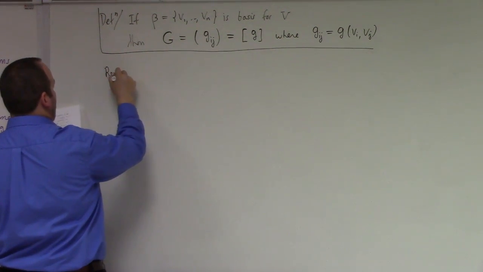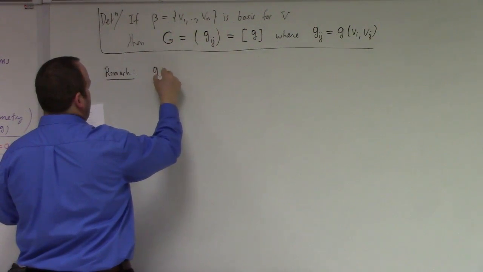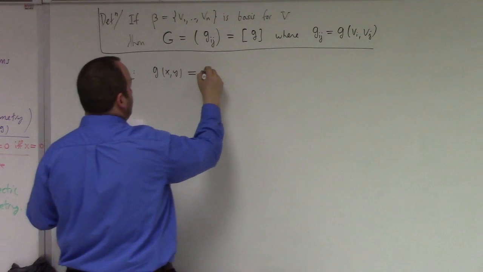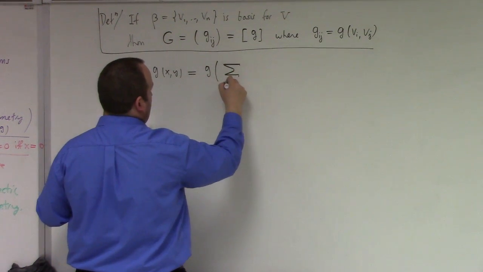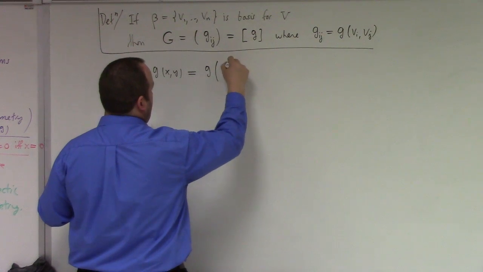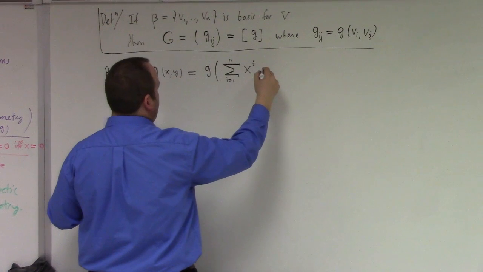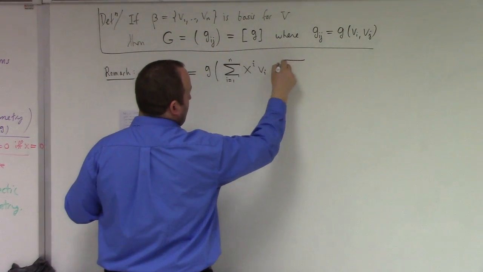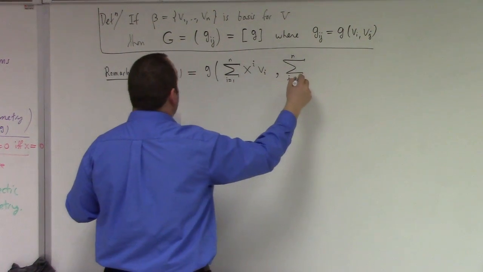Remark, we have the following. G of xy is equal to, and here's our notation. What's x? X is the sum, i equals 1 to n of x upper i v lower i, comma, sum j equals 1 to n, y upper j v lower j. We use so-called contravariant indices for the coordinates here.